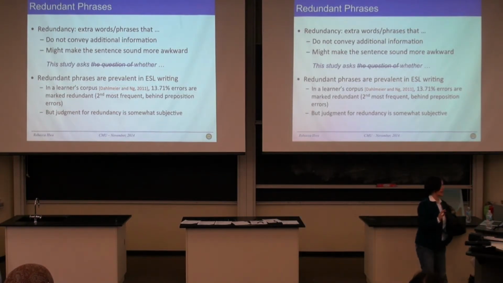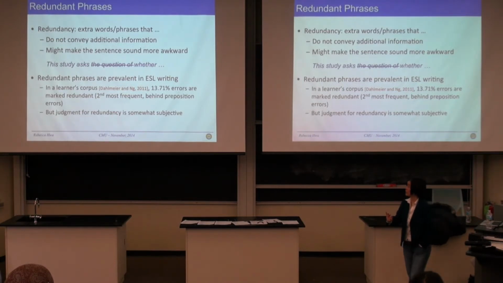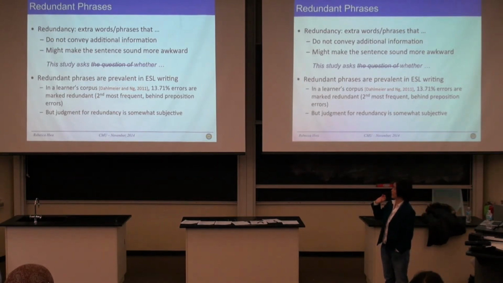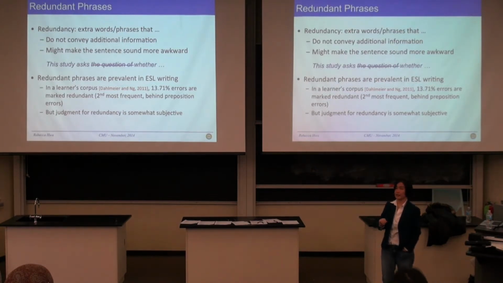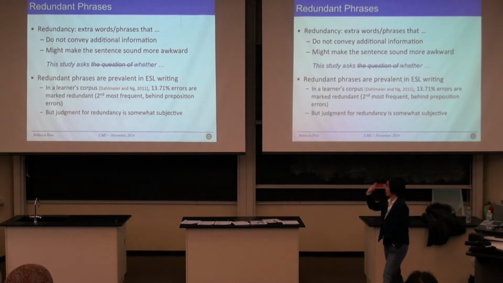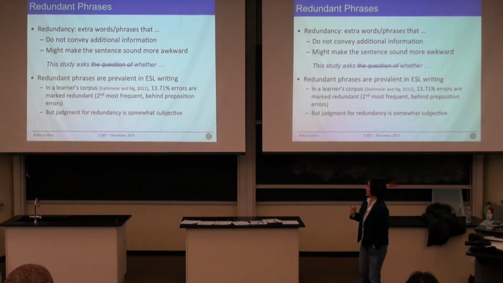But for today's talk, we're going to mostly trust the judgment from this annotated corpus. We've looked through some of the sentences, and naturally, we have our own opinion about what might be considered redundant or not. But since this is an independently annotated corpus, we're going to just trust it for now.